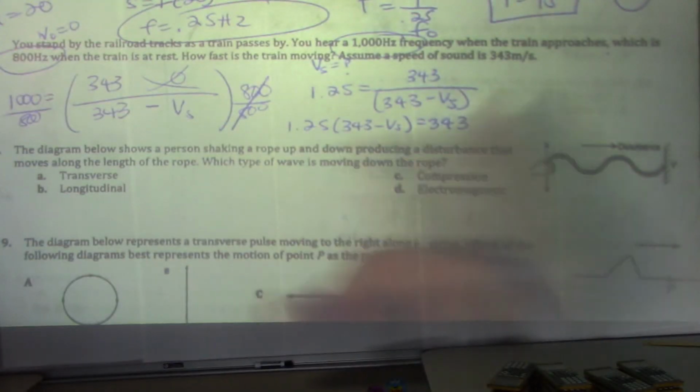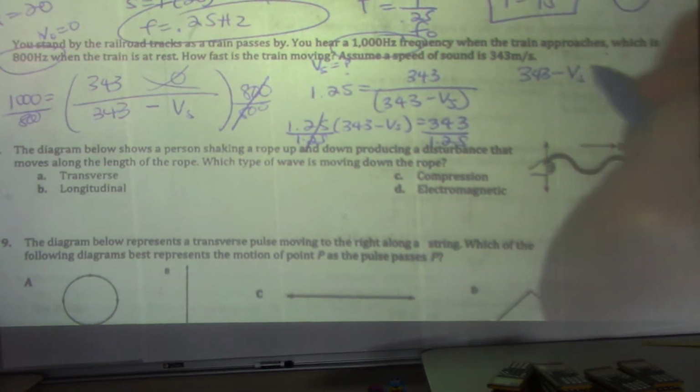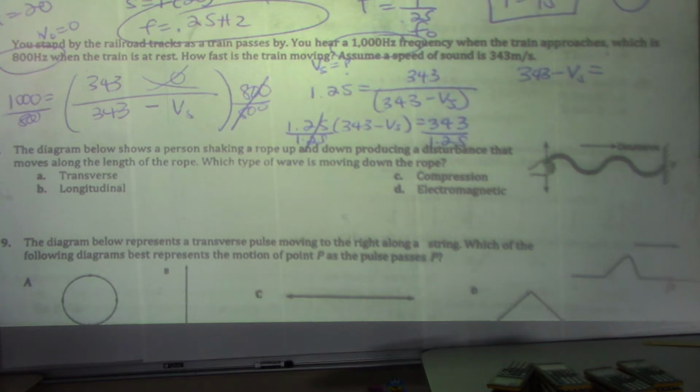So 1.25 times (343 minus Vs) equals 343. And then now I want to get rid of the 1.25, divide it over.